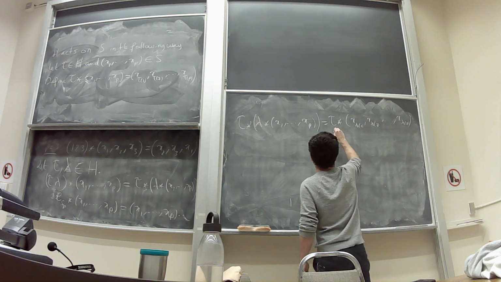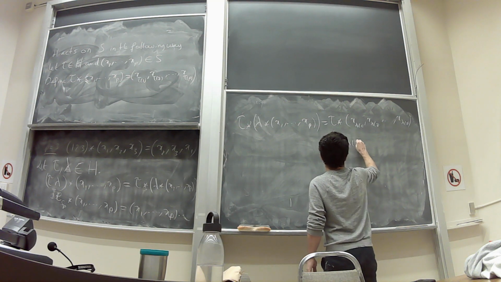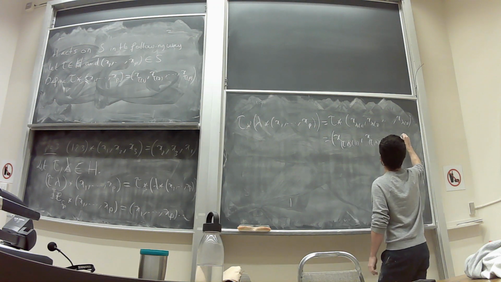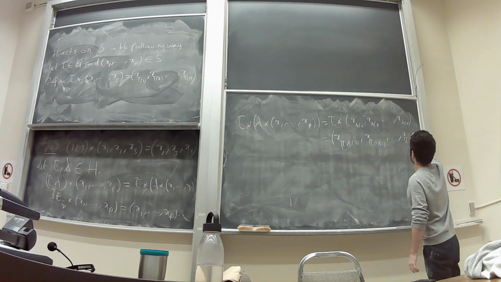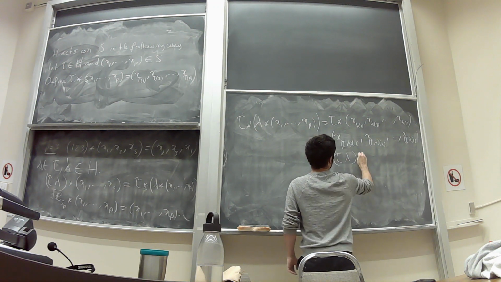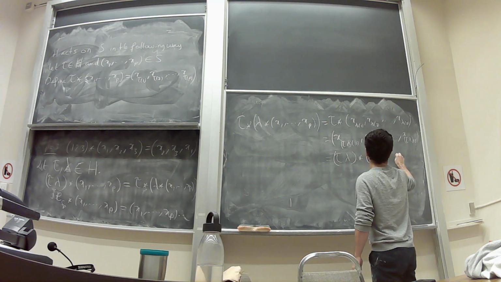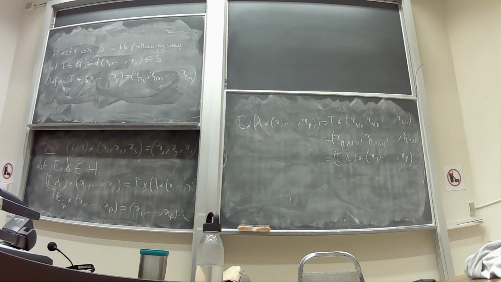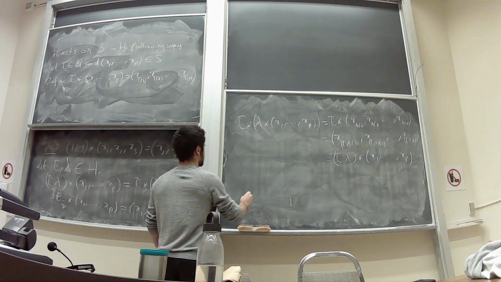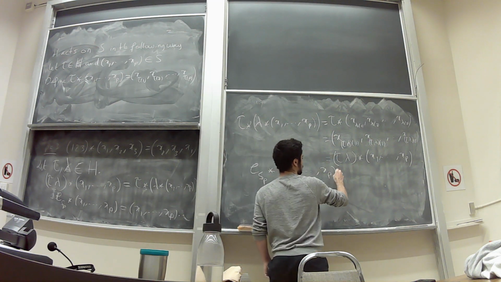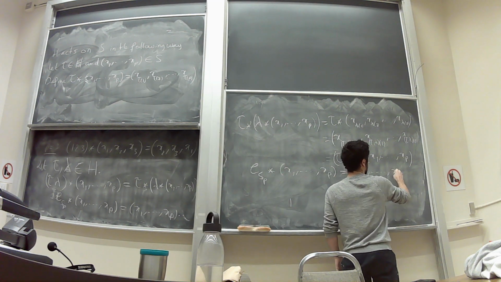Well, this is just (x_tau lambda(1), x_tau lambda(2), ...). Really what I'm doing is just applying a permutation on 1 up to p, which is just (tau lambda) star (x1, ..., xp). Now, of course, the identity in S_p is just the identity function on 1 to p. It will just be clearly equal to (x1, ..., xp).